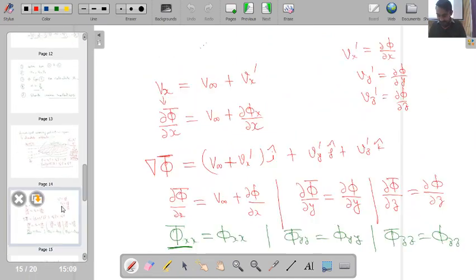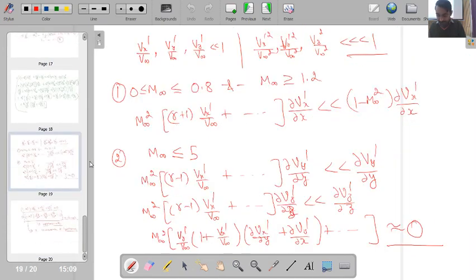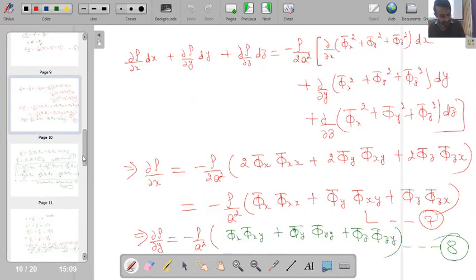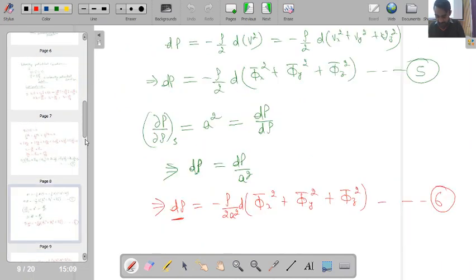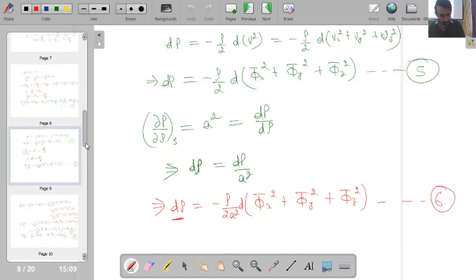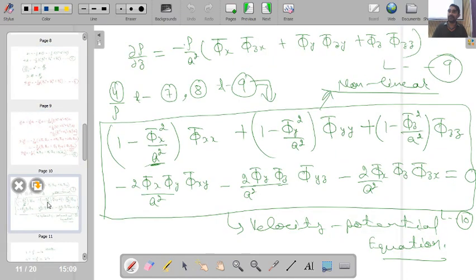Another important point is that I forgot to tell you earlier, let me discuss now. So here, if you see the original equation which we have derived, this is the original equation. Okay, so this equation number 10 is now applicable for compressible flow situation.